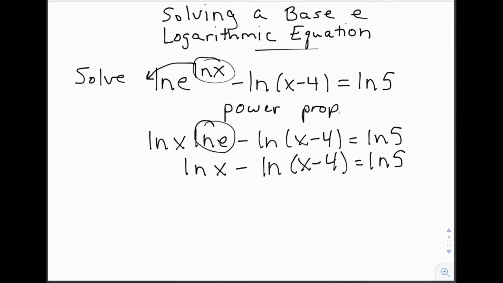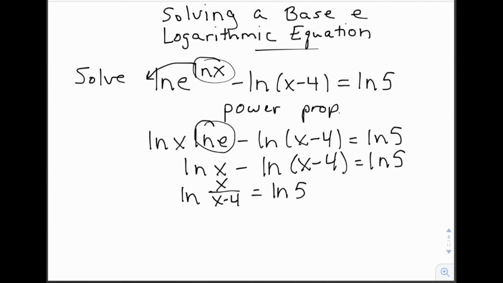So again, we need to go ahead and use one of our properties. We see that we have the natural log of x minus 4, and we have the natural log of x, and we have a subtraction symbol in between. So let's go ahead and use our quotient property here. That will get us natural log of x divided by x minus 4, and that is equal to the natural log of 5.